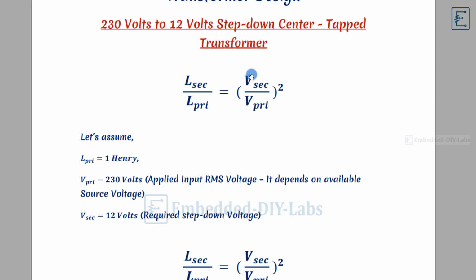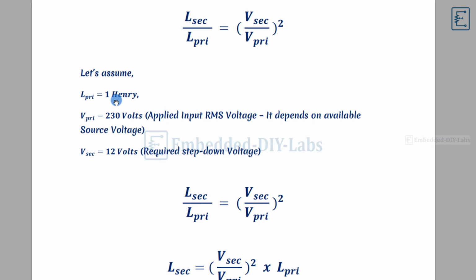Now we will see that 230 volt is converted to 12 volt step down center tapped output.